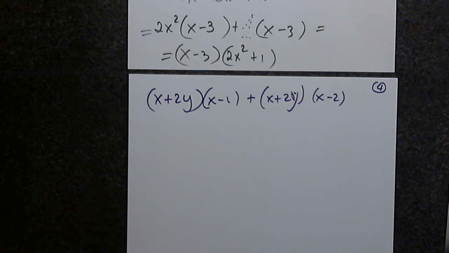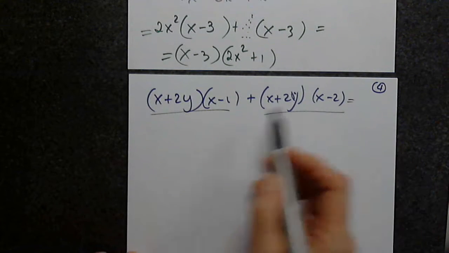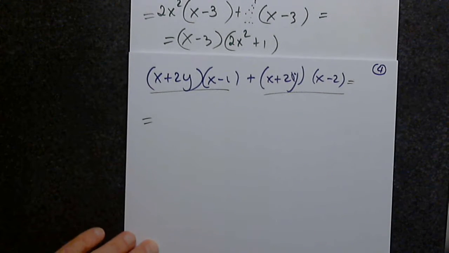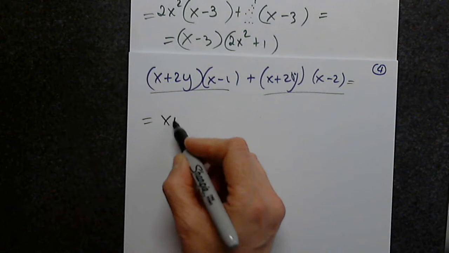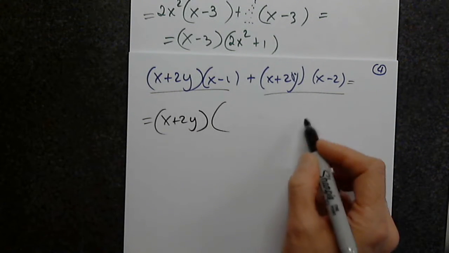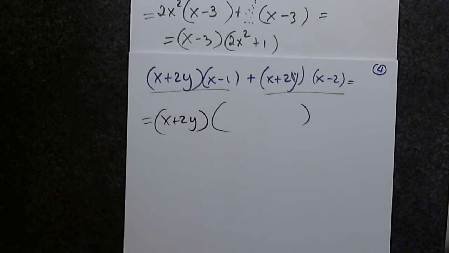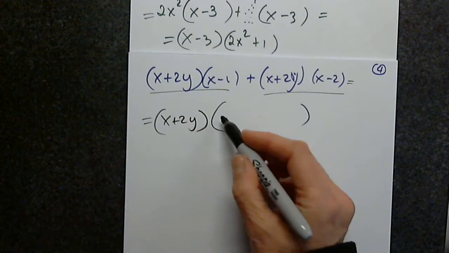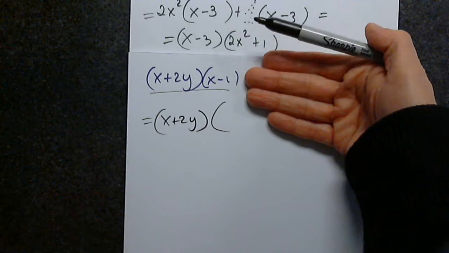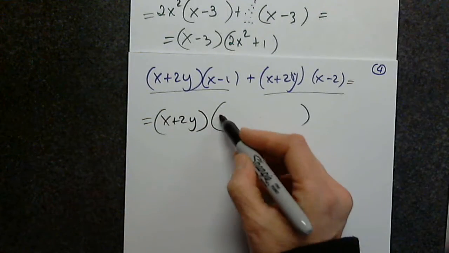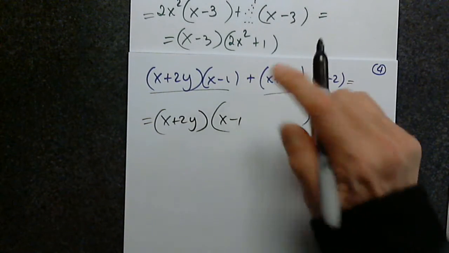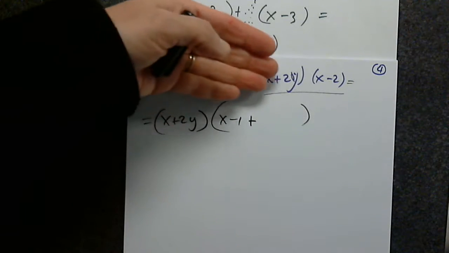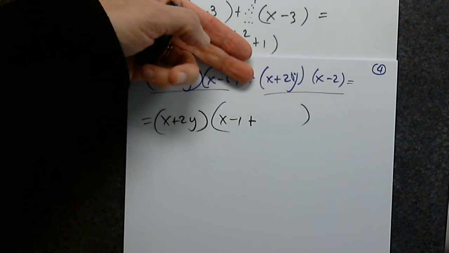Okay, so perfect. So then there are 2 terms, and they have a common factor, which is x plus 2y. Exactly. So now in parentheses, something must be left over from the first, very good. Now I reach the positive sign, and something must be left over from the second.